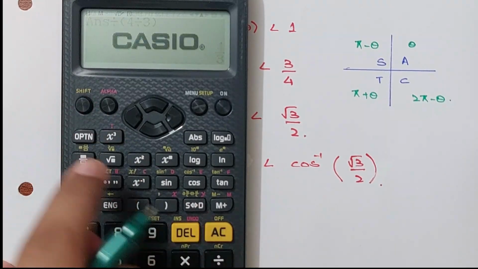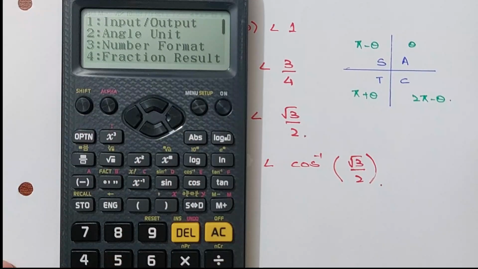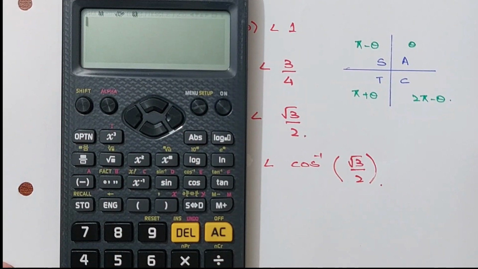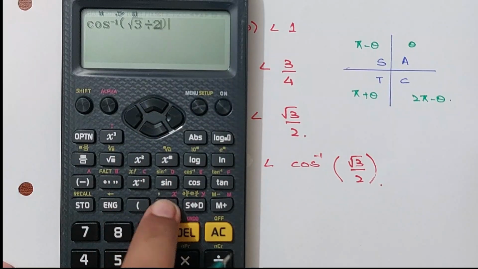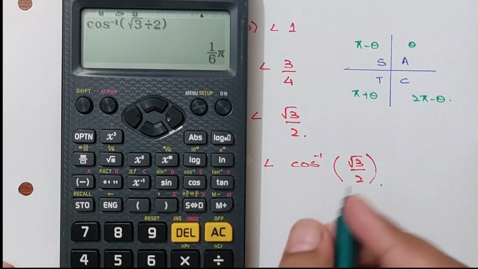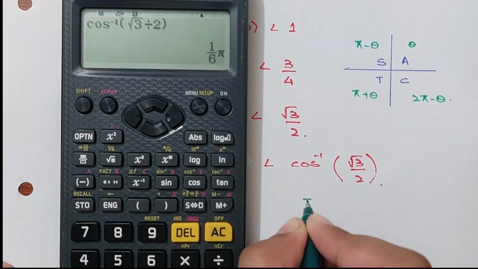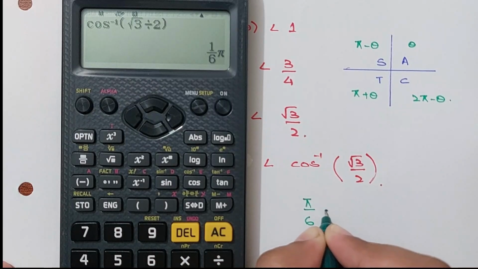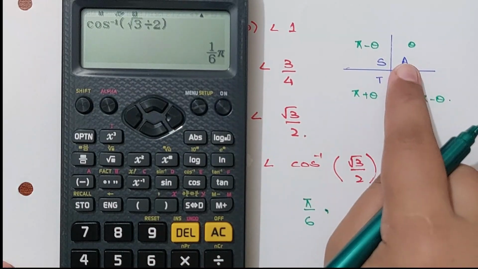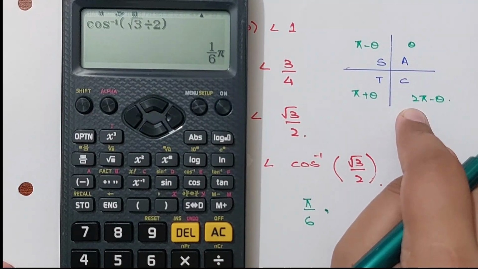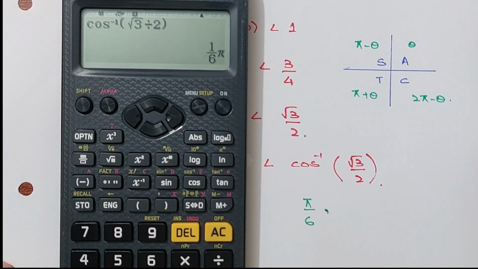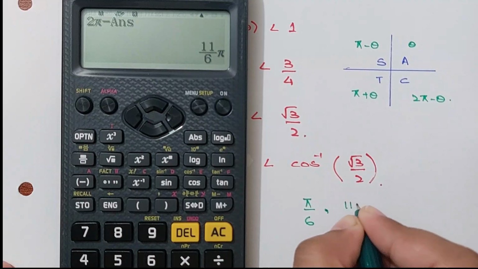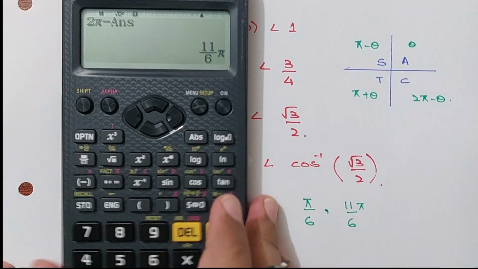This is in radians. Now cos inverse of square root of 3 divided by 2 is pi by 6, right? So this value is pi by 6, and cos is positive in the first and fourth quadrants. So 2 pi minus pi by 6 is 11 pi by 6, right?